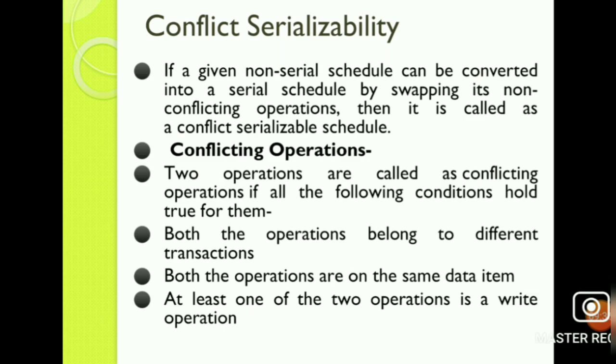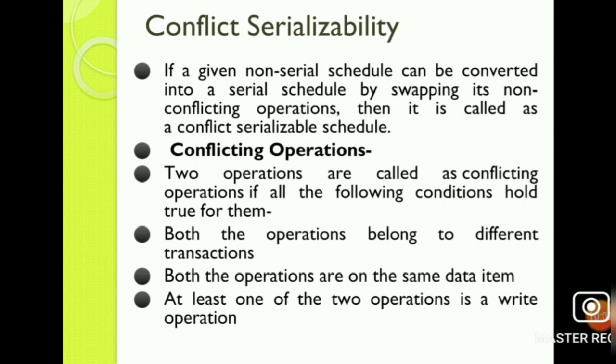Conflict serializability. If a given non-serial schedule can be converted into a serial schedule, it is conflict serializable. So what are conflicting operations? Two operations are called conflicting operations if two conditions are satisfied.